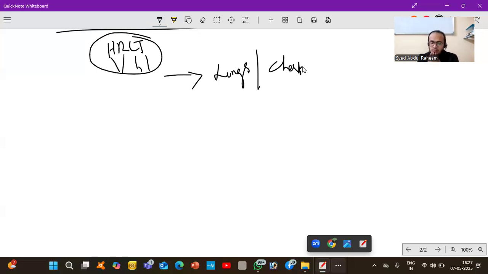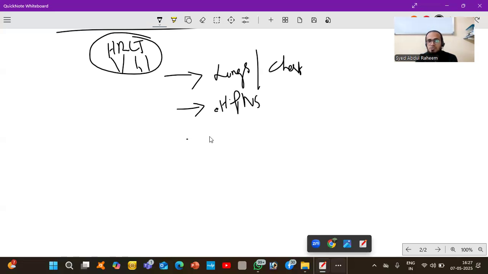Now we have simple things to remember. HRCT is used, number one, for lung pathology, lung problems. Second is paranasal sinus: if anyone has sinusitis or any issues related to the sinus, the first investigation of choice is HRCT PNS.